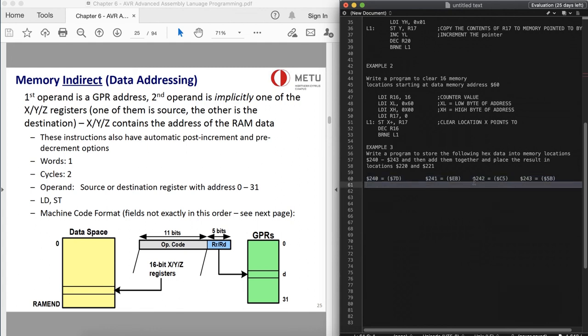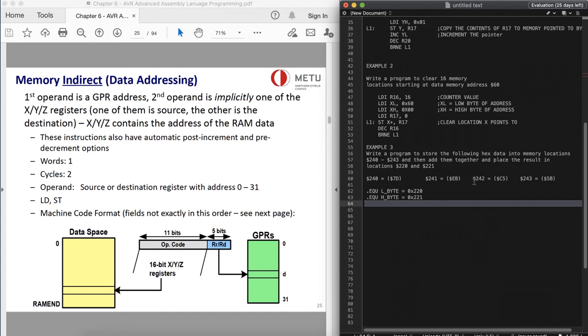Now, as we are going to store the results to the locations 220 and 221, we can practice equate over here. So .EQU is going to be the low byte of the address that we are going to store. So we can say this is 0x20, and .EQU high byte, it's going to be 0x21.